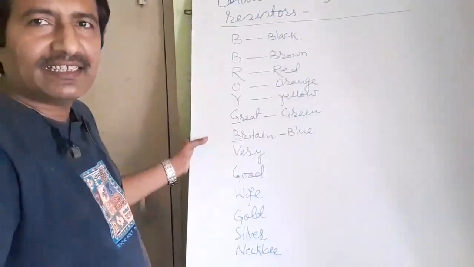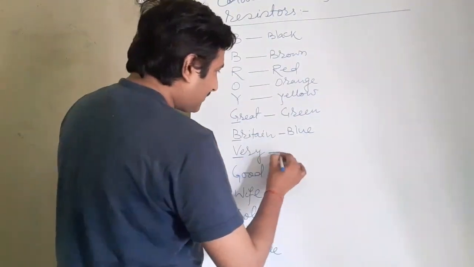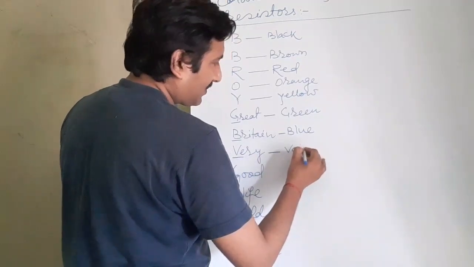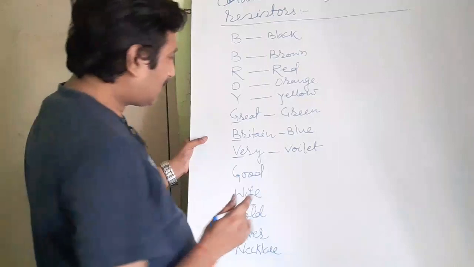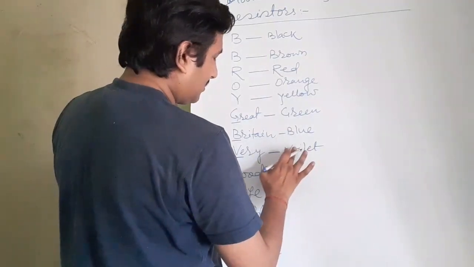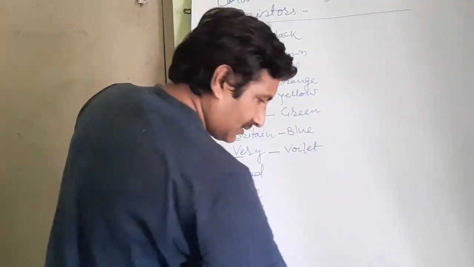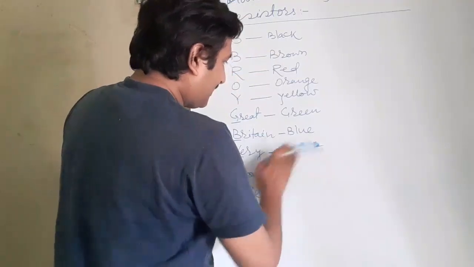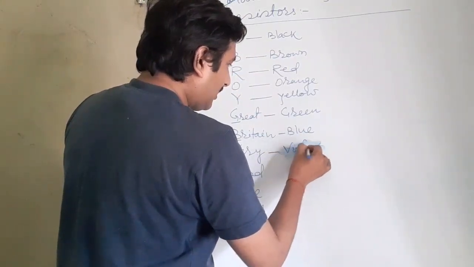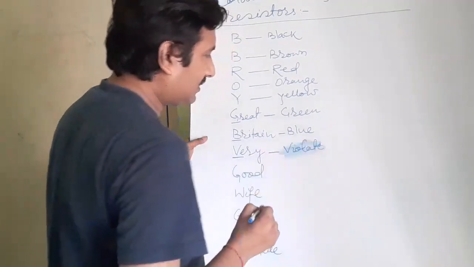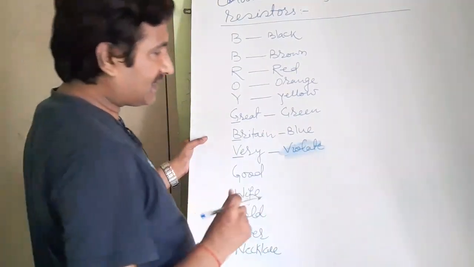V for violet represents violet. Okay, its spelling should be V-I-O-L-E-T, violet.